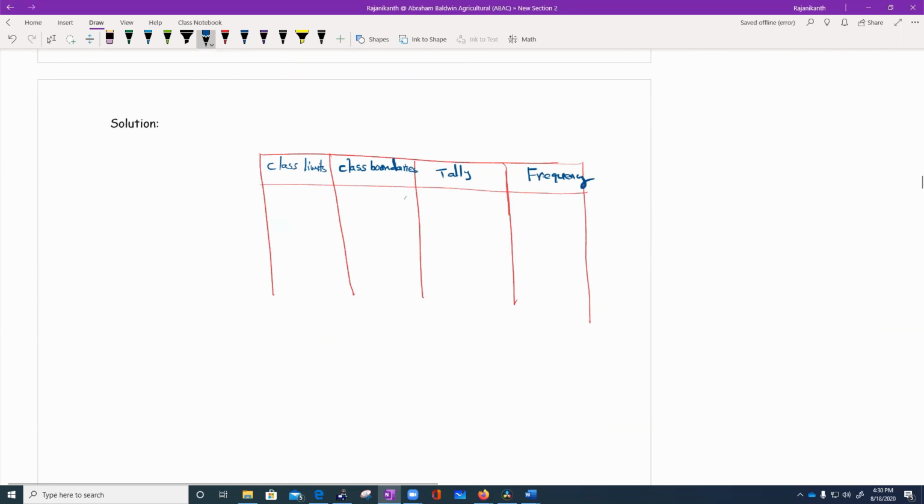So I'm starting with 100. This is my lower class limit for the first class. How do you find the upper limits? Keep that. Let us find all the lower class limits first. How do you fill them? Simply add your class width to the smallest number.